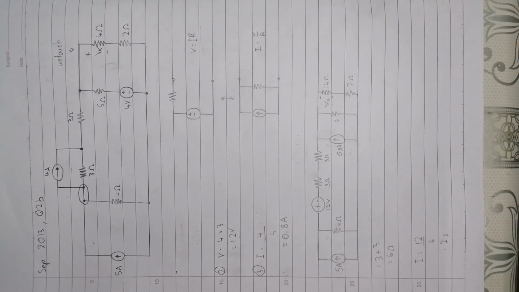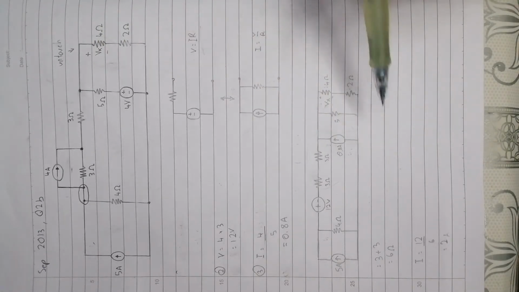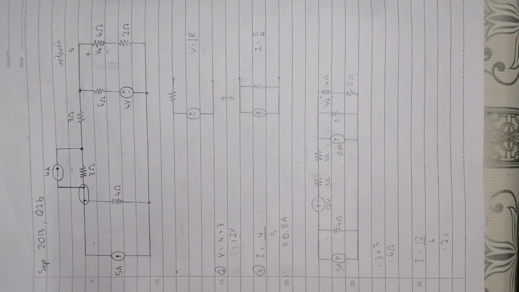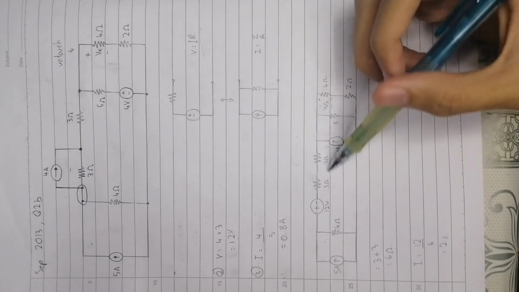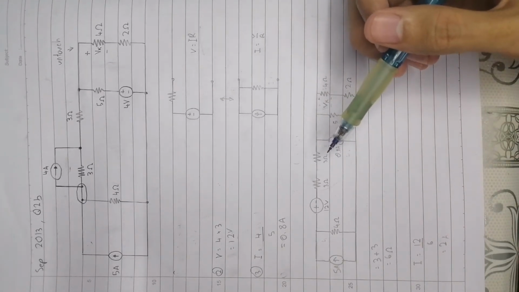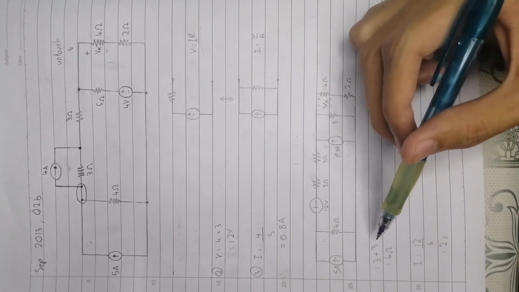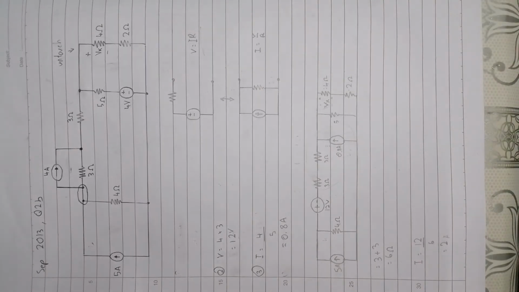And then after we change the source for this circuit, it will look like this. And then you can see that these two components can be combined because they are in series. So 3 ohm plus 3 ohm equals 6 ohm.